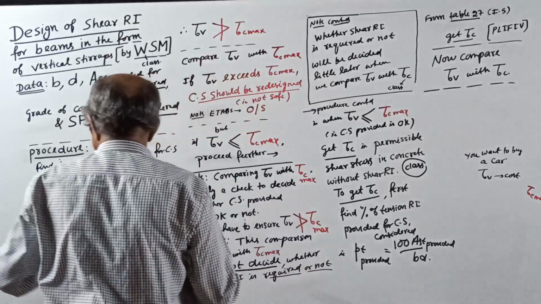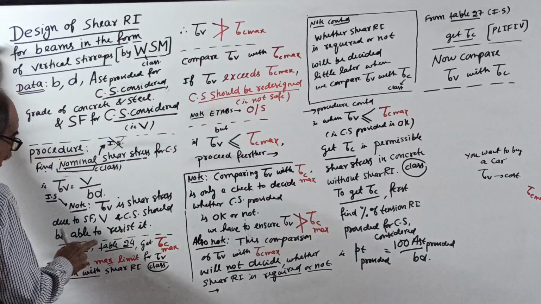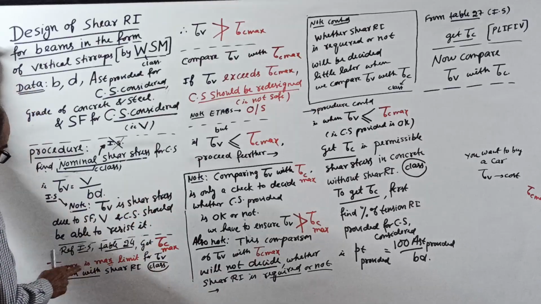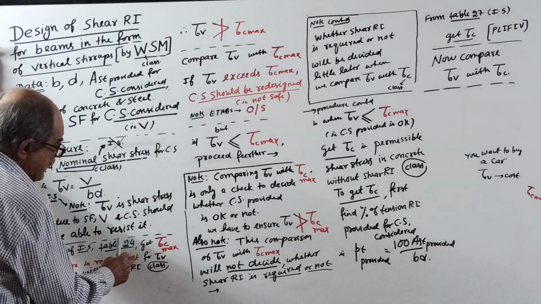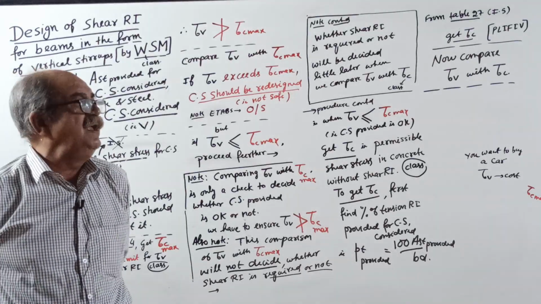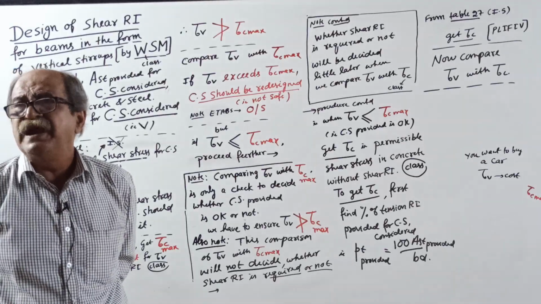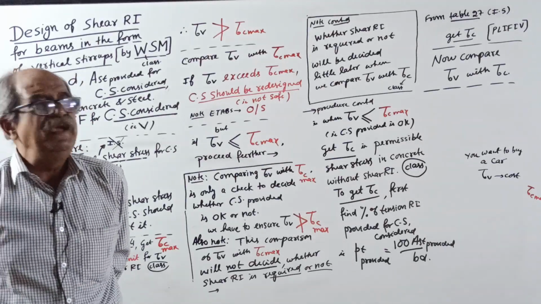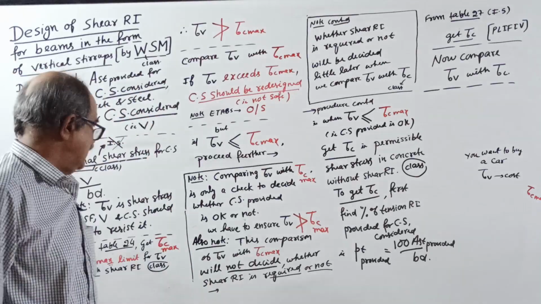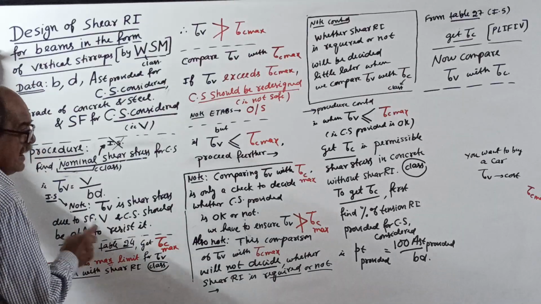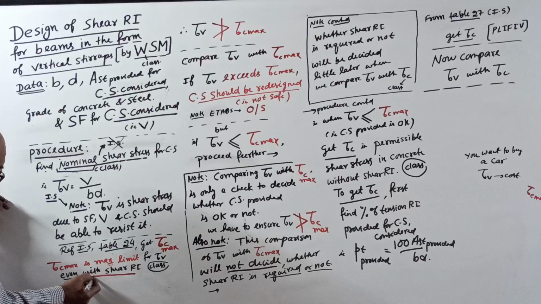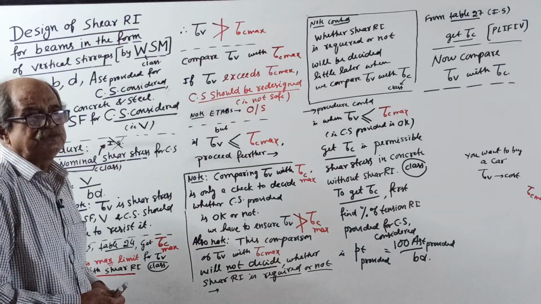Now, see here. For tau C max, you go to table number 24, and based on the concrete grade, you get tau C max. Tau C max is the maximum limit for tau V, that IS code told, like the maximum limit for speed is 80 kmph, meaning you should not drive at a speed more than 80 kmph. Even with the shear reinforcement, that is, even after providing shear reinforcement.